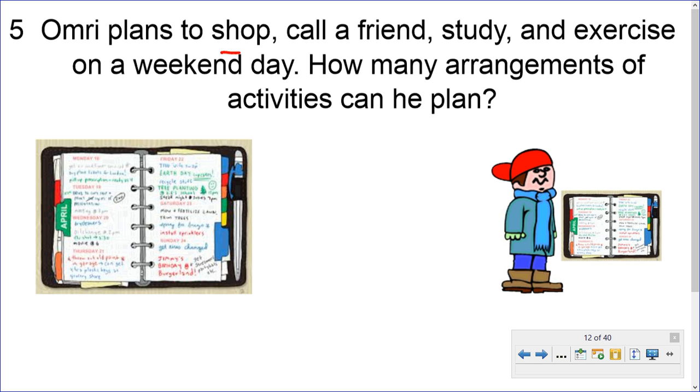So he's going to shop, call, study, and exercise. So it looks like he's doing 4 different things. They want to know about those different things, which way we can arrange them. So see if you can arrange those 4 different things, which would be first, second, third, and fourth.